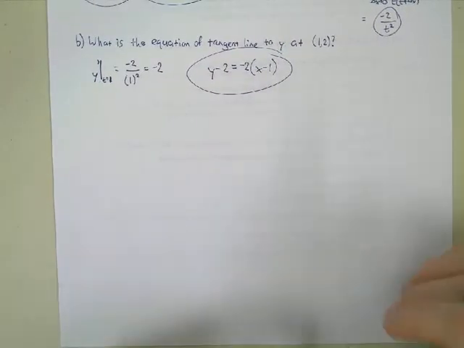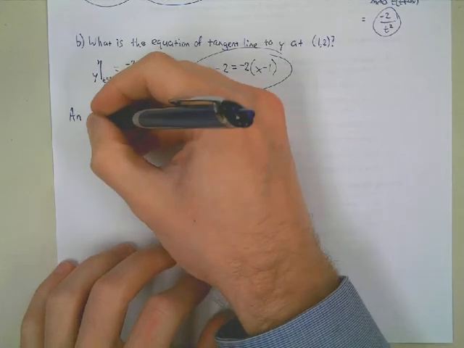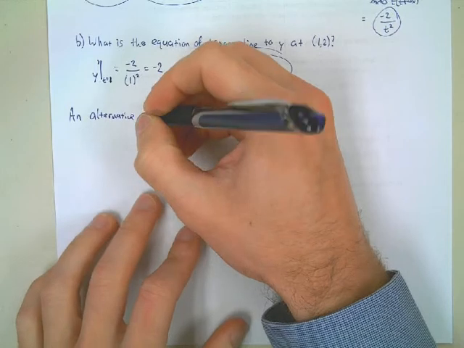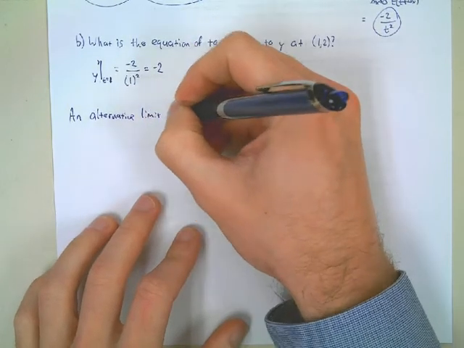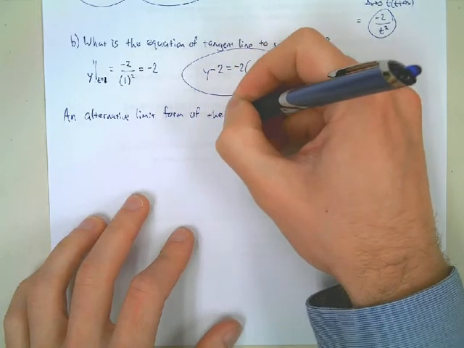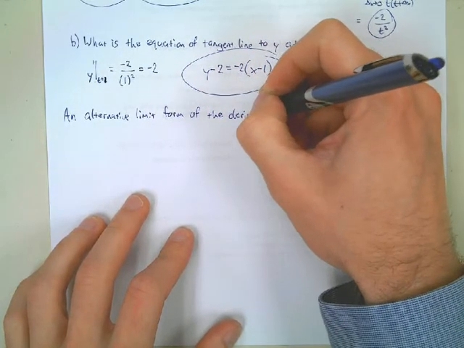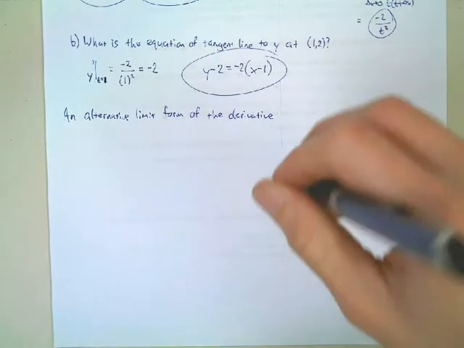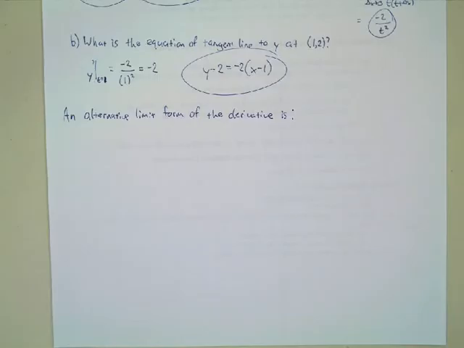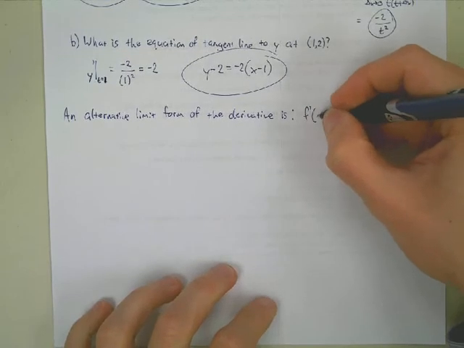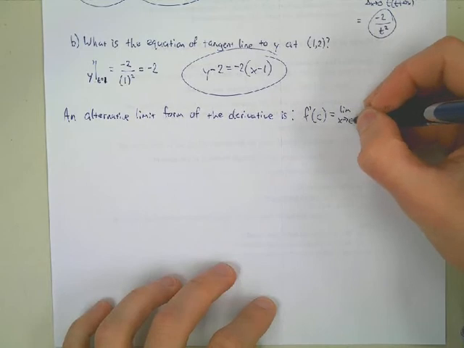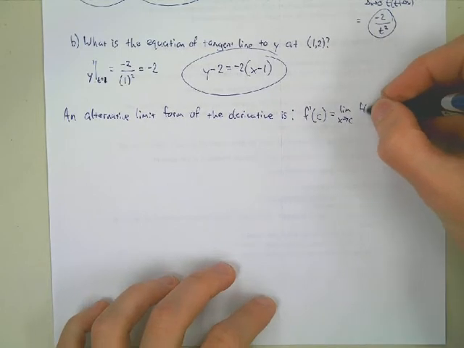Okay, I'm going to show you an alternative definition, an alternative limit form of the derivative. It is, okay, this. f prime of c is equal to the limit as x approaches c of f of x minus f of c all over x minus c.